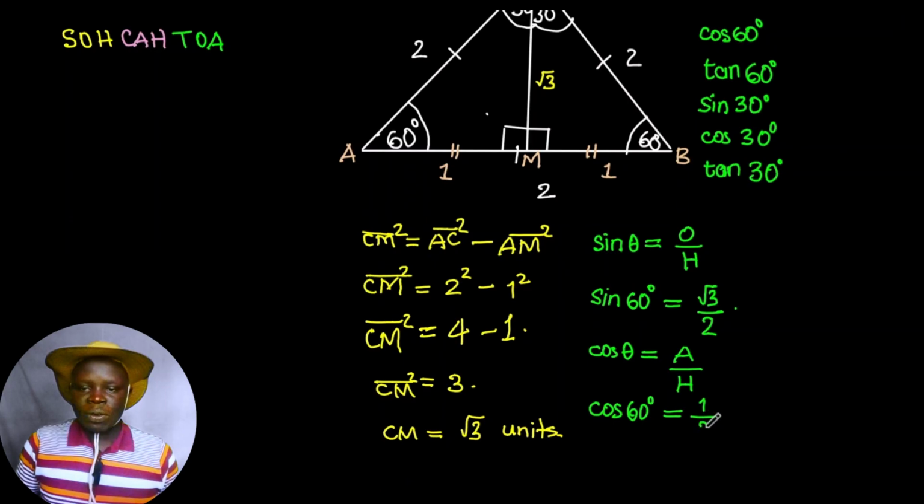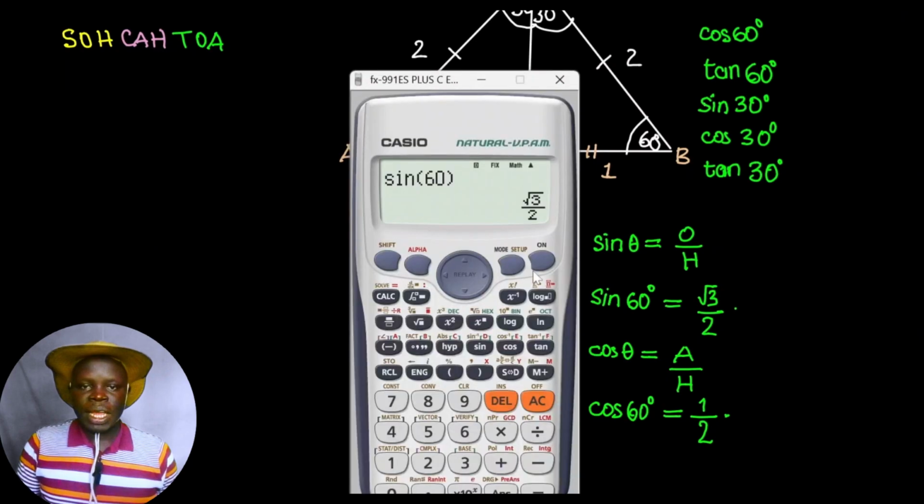The special angle 60 gives us a half. Let's check on the calculator: cosine of 60 equals 1/2. That is exactly what we have there.